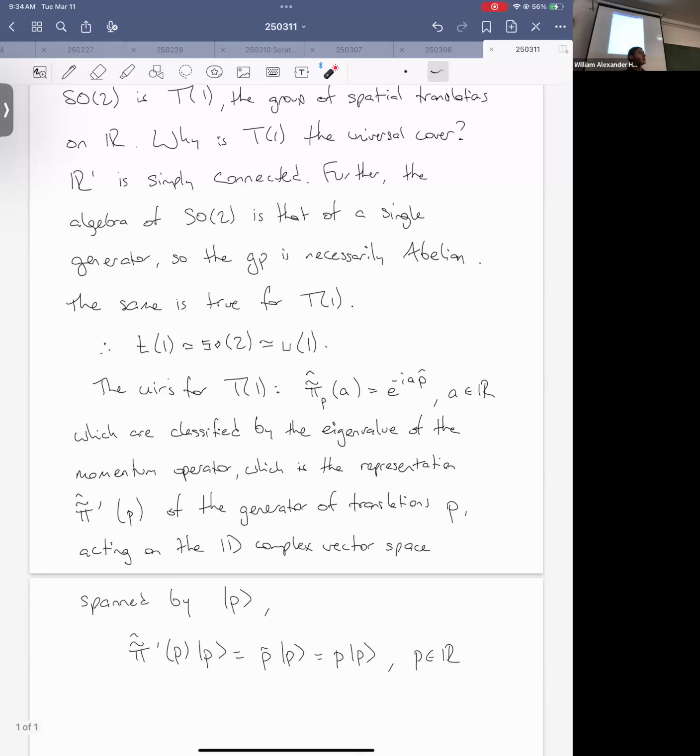Now, what remains to be shown is that that P hat is in fact the momentum operator that we know and love.